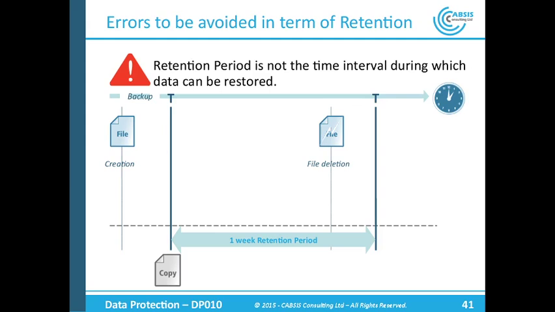So now the time reserved for restoring a lost file is expressed like that. The time window starts at the file deletion, and it ends at the end of the retention period, because after that the file will not be kept on the storage, and it will not be able to be restored anymore.